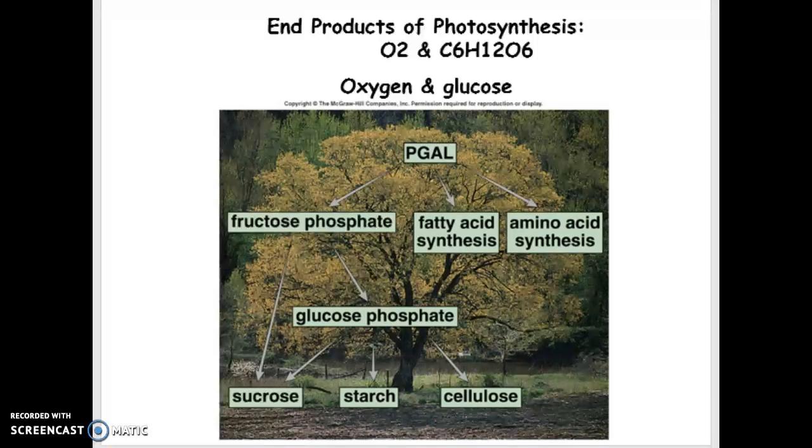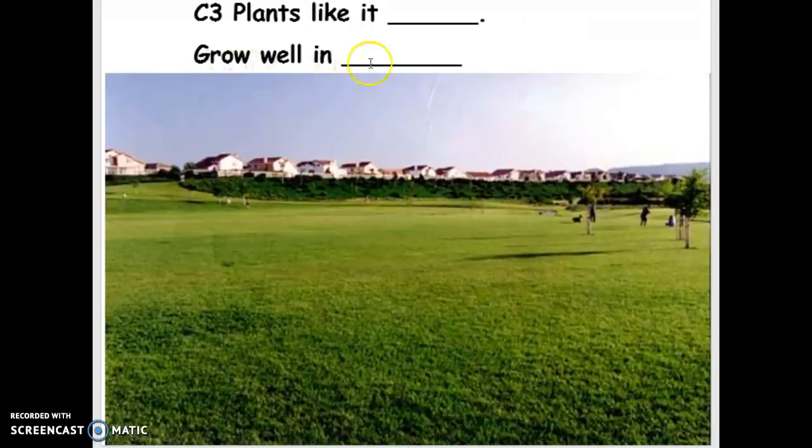But what we see is as plants have evolved to different environments, they've taken photosynthesis, they work with that pathway, but they kind of tweak it and modify it and use it to enable them to survive as best as possible in different environmental conditions. So one example is a group of plants called the C3 plants. Now these are plants that like it cool and moist.